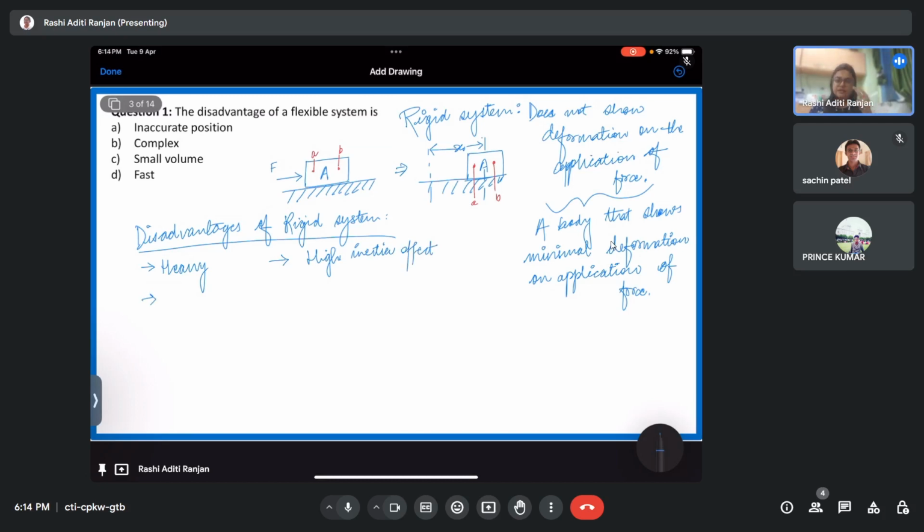Now, if it is heavy, it is having high inertia effect, definitely it is going to consume more power. If I talk about an application, for example a well, which is used to take out water, right? Now, if I have a bucket which is made up of metal, and I use a pulley mechanism to take out the water from it, and I consider that the amount of water would be the same for the case when the bucket is of metal and when the bucket is of some other material.